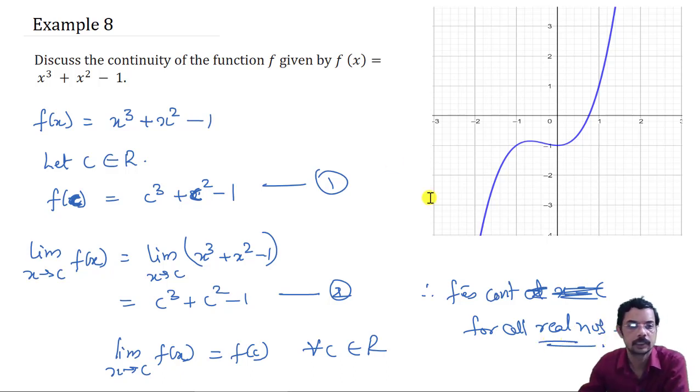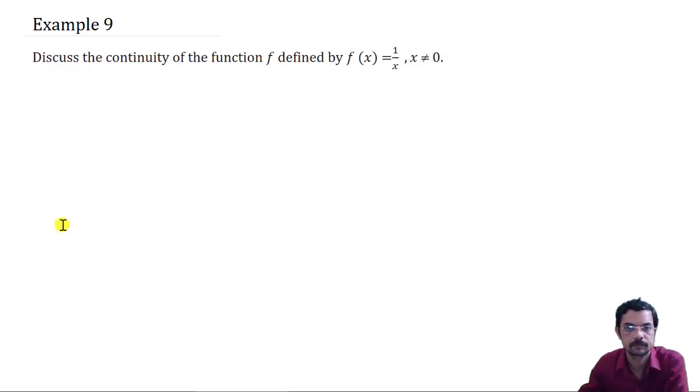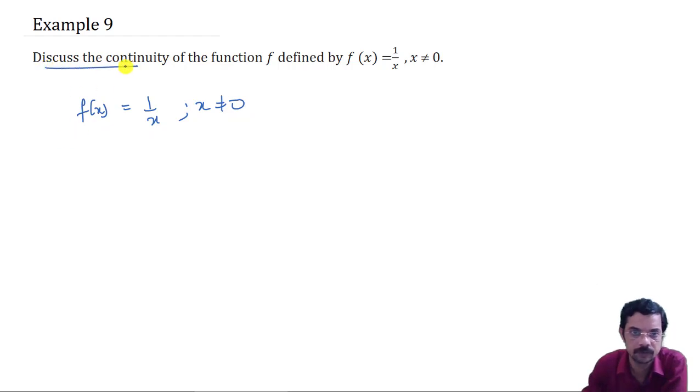Okay, next question. This is again the same way. Here f of x is equal to 1 by x, with x not equal to 0. It is defined like this. Now we need to check whether this function is continuous or not. Let c be any real number.